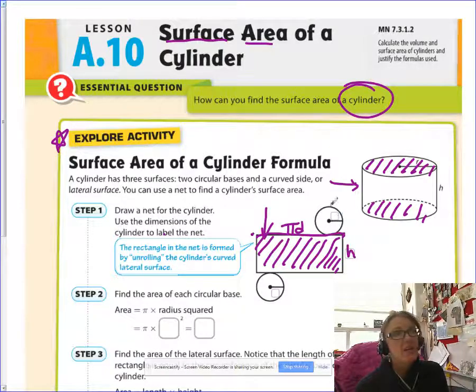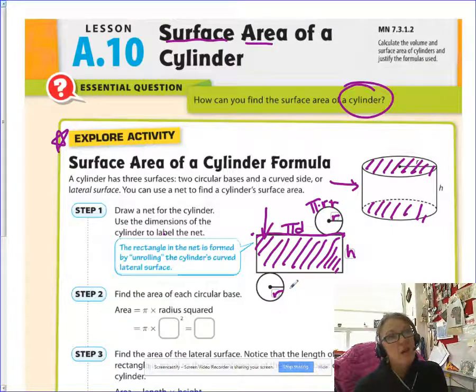And then here, where I have my two circular sections, the top and the bottom, these are the bases. Each of these is a circle that has an area of pi r squared. This open spot here is the radius, and each one of these areas is pi times r times r.